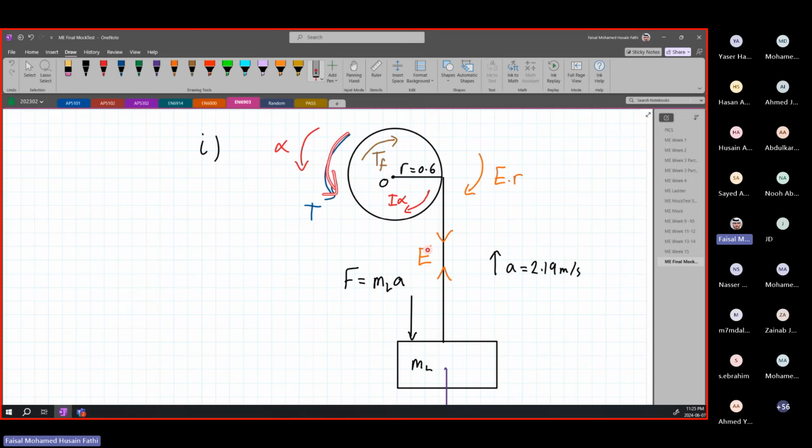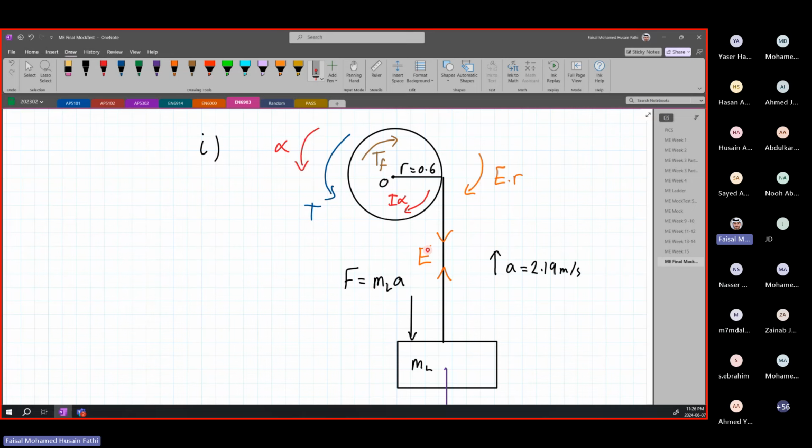And your torque is going to be also in the same direction because you're trying to lift this to go up. معناته there has to be a torque in the same direction as motion. Your frictional torque is going to be opposite to the direction of your actual torque. And your I alpha will also be in the opposite direction of your torque, or I should say of your acceleration. تمام? So your I alpha is just your inertial force to stop the acceleration from happening.